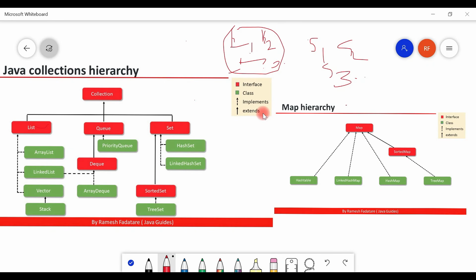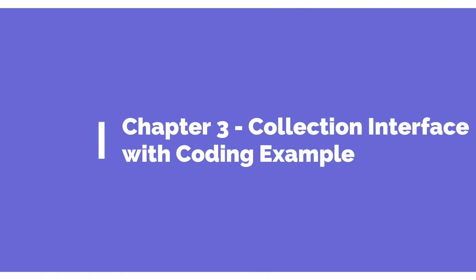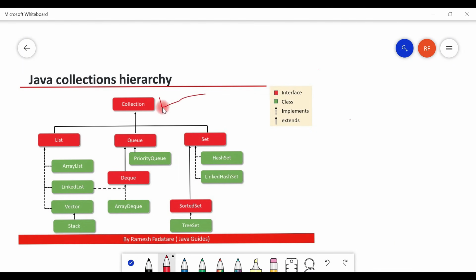Alright guys, we have seen what a collection is, what the collections framework is, and the collection framework hierarchy, and we also looked into the actual interfaces and classes of the Java collections framework in the core Java package, java.util. If you look at the collections hierarchy, the Collection interface sits at the top of it.